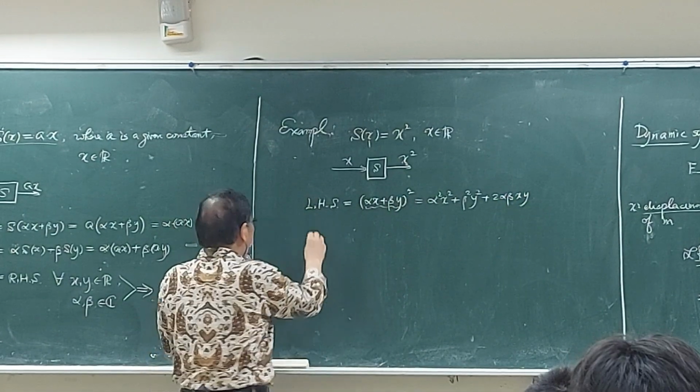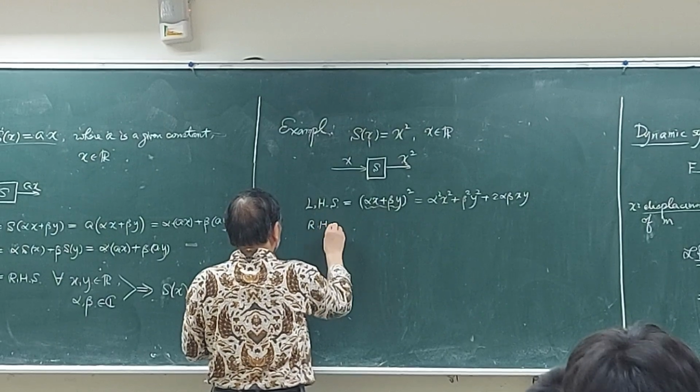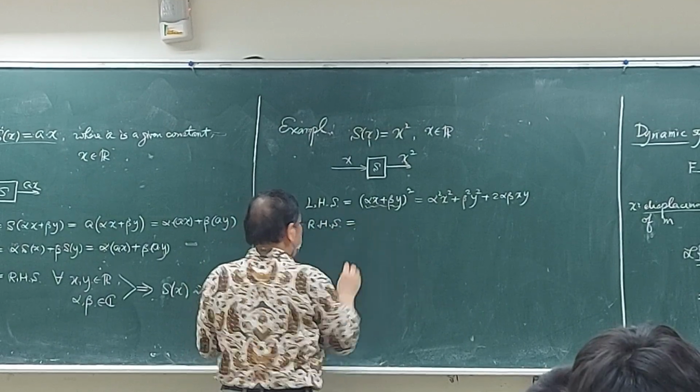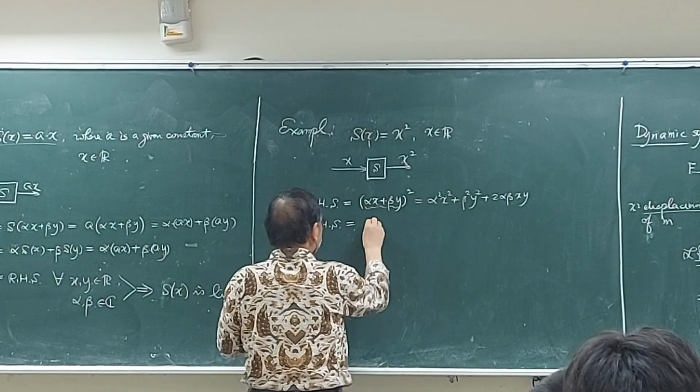Okay? What about the right-hand side? That's equal to alpha times S of x plus beta times S of y.